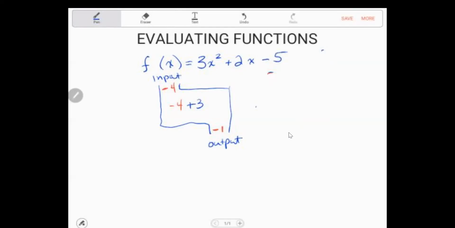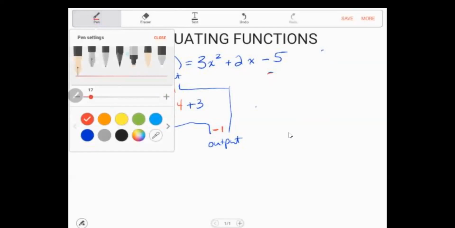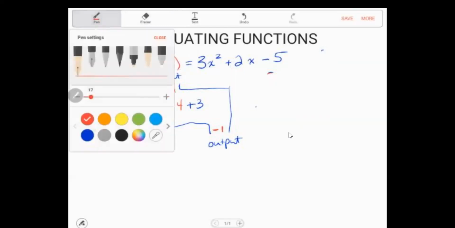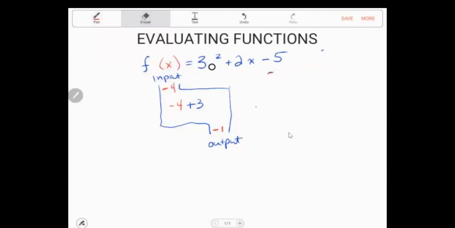Remember, I wanted you to look at this as f of x. Whenever there is an x, I think it really is helpful to think of that as an x in parentheses. It helps you transfer this idea that whatever is here is input for here.